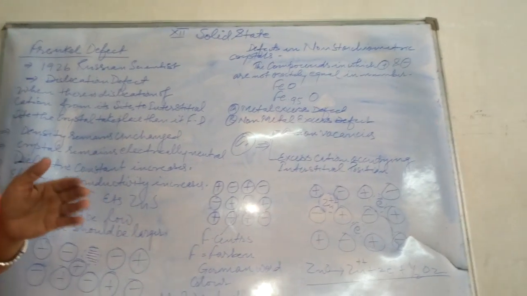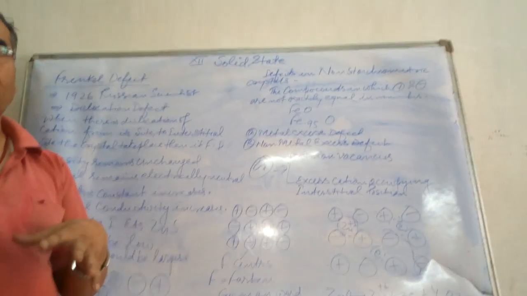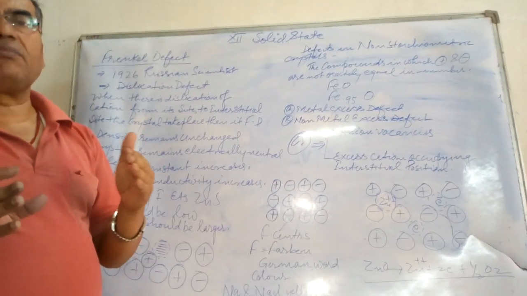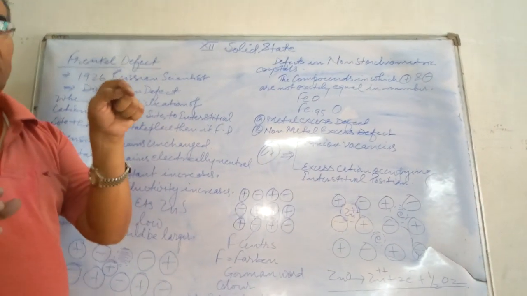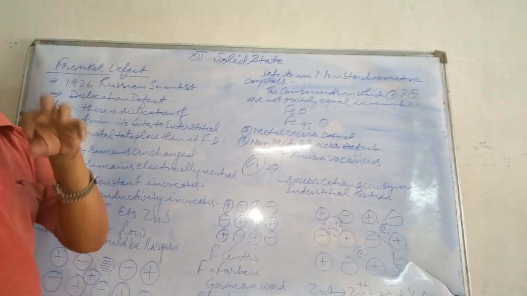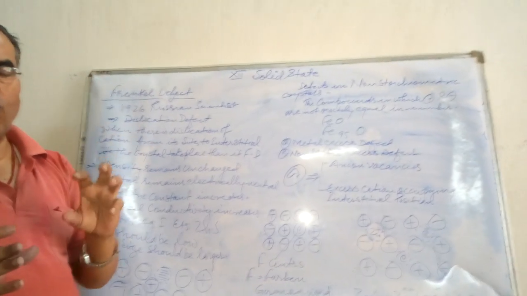If there is a missing of equal numbers of cations and anions, then the density of the crystal decreases. There is also the formation of holes, because cations and anions are leaving their actual positions.